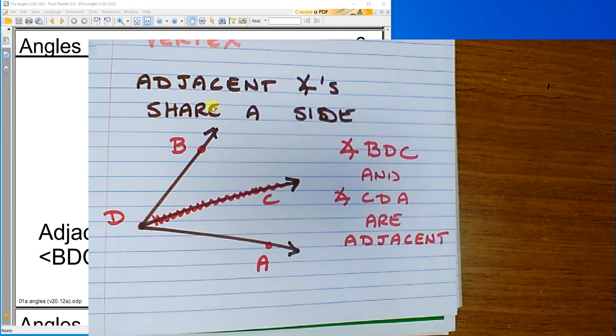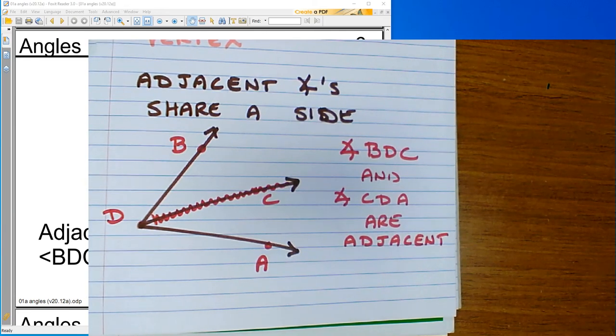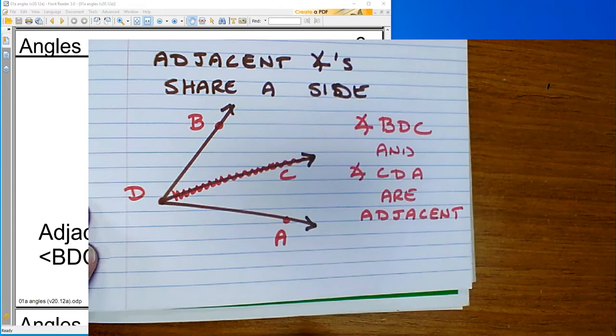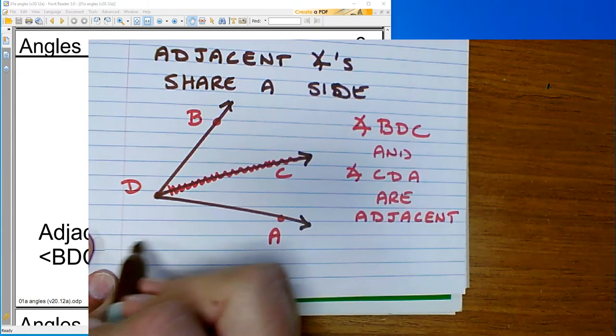Now, adjacent angles, one angle cannot be inside another angle. The angles cannot overlap.